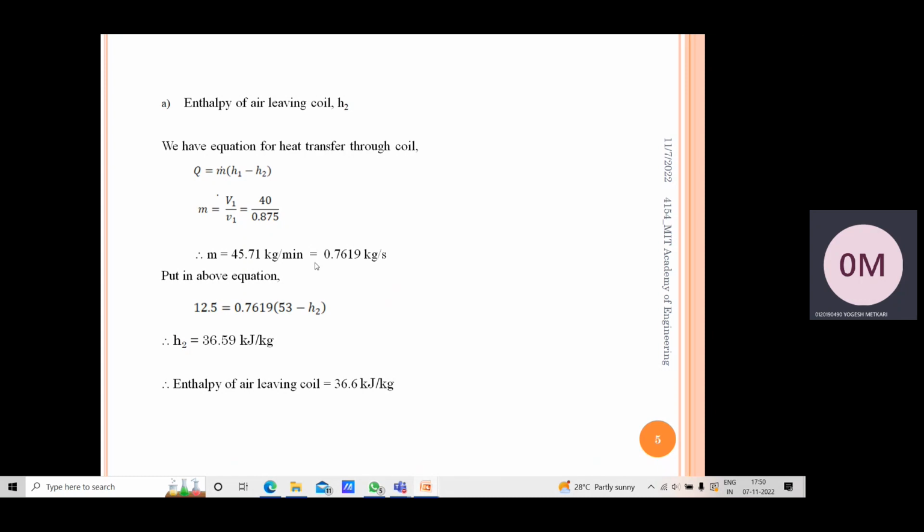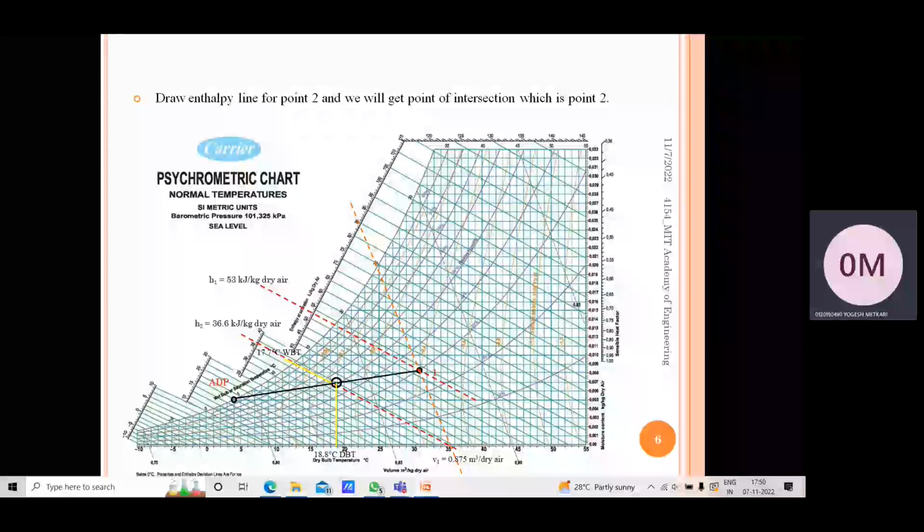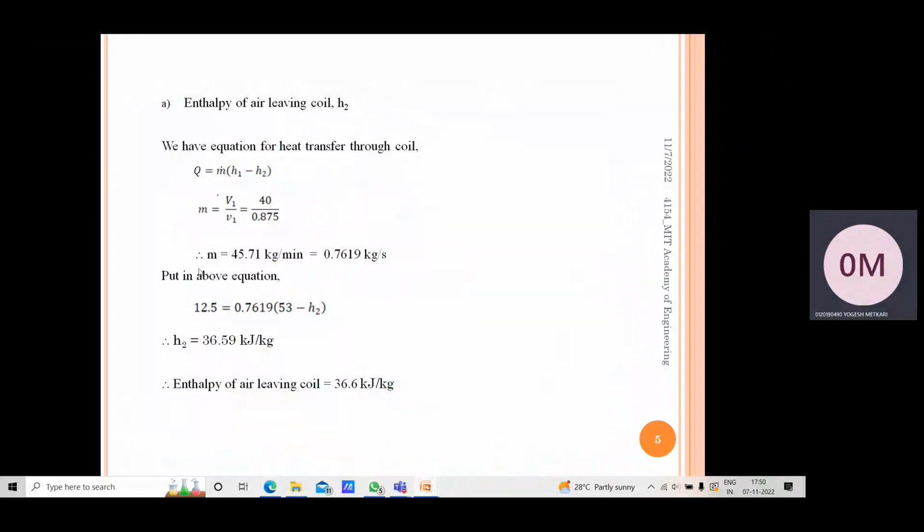After getting the mass flow rate, we are having the enthalpy H1, and we also have Q, which is given as the 12.5 kilowatt cooling capacity of the coil. So we can calculate the value of H2. After substituting the values, we get H2 as 36.59 kilojoule per kg, which is nothing but the enthalpy of air leaving the coil.